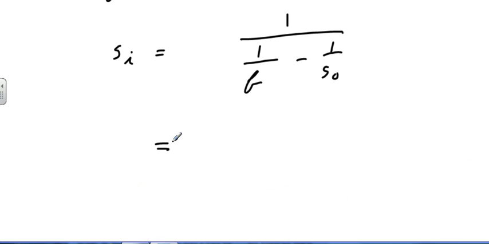All right, so I put that on my calculator, 1 divided by, parentheses, 1 divided by 15 plus 1 divided by 20, close parentheses, and it says that the height of the image is 8.57 centimeters.